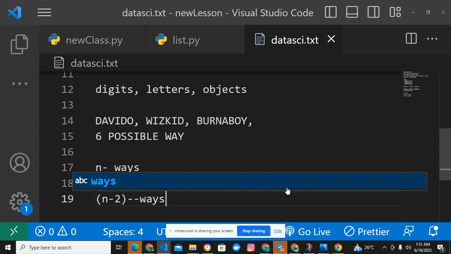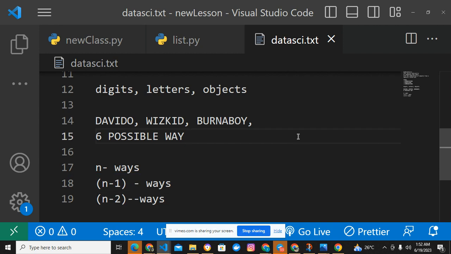You understand? And the fourth person will be what? Let's assume there are many other musicians. So the fourth person we have n minus 3 ways. Then like that, up till, let me write them out.